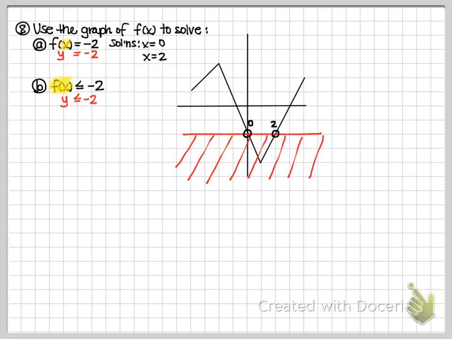Notice that the black portion of the graph that is under the red line is actually in between those two things. So my answer is going to be that my x value is in between those two values on the graph. So it's just like using my answer from part A, but now I do need to include the graph as well. I hope this has been helpful.